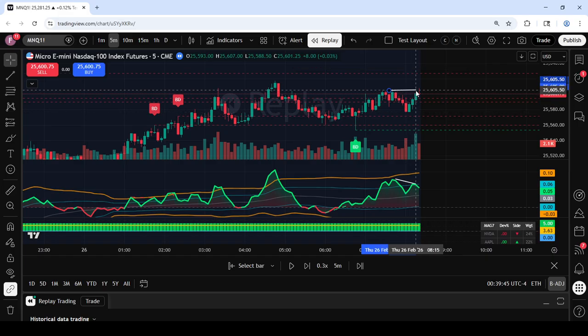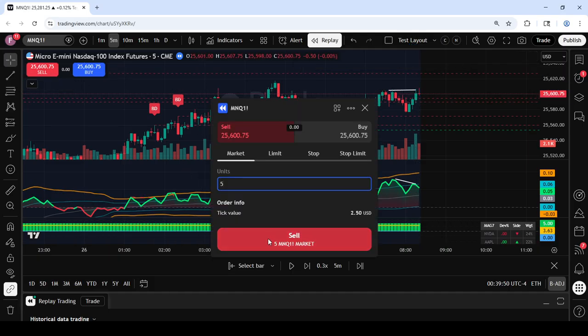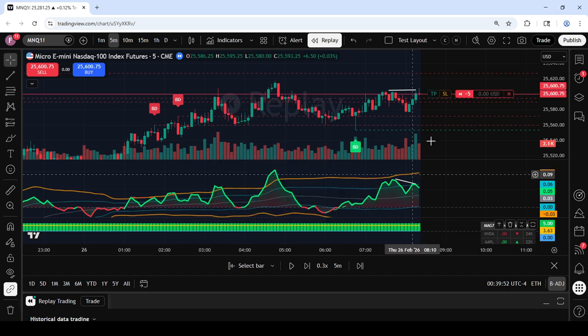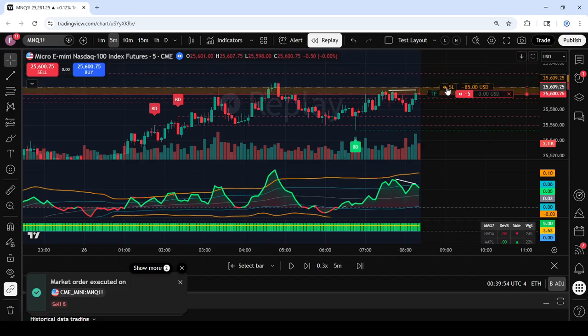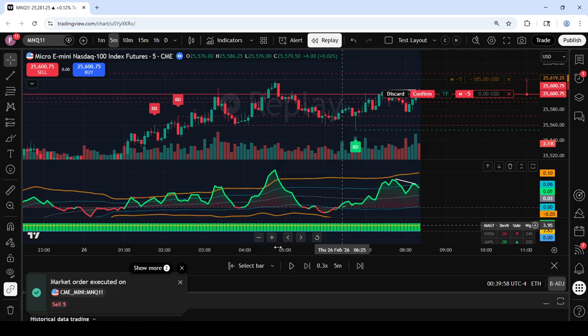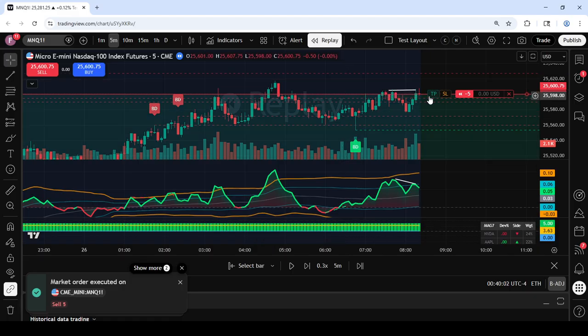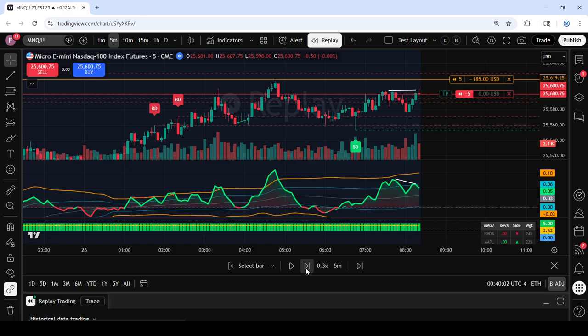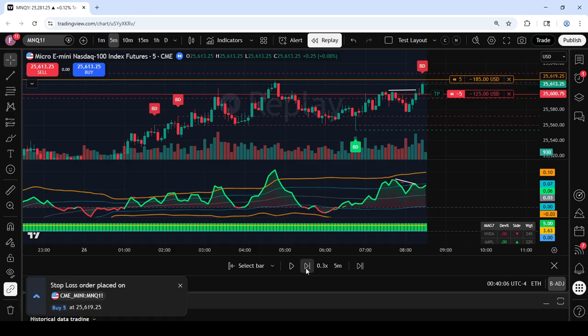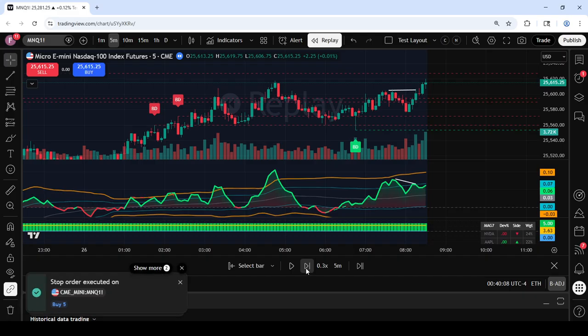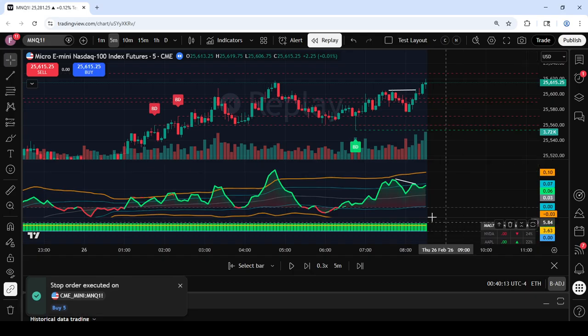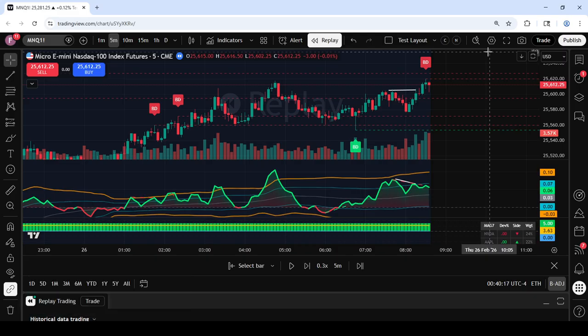I would be shorting right here into this wick. Stop above this high right here. Confirm. Bearish divergence again. Now I'm trying to call out that tag. Alright, bearish divergence again.